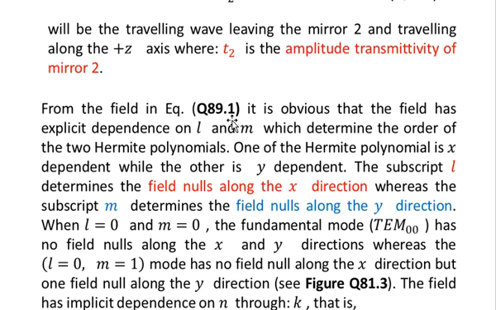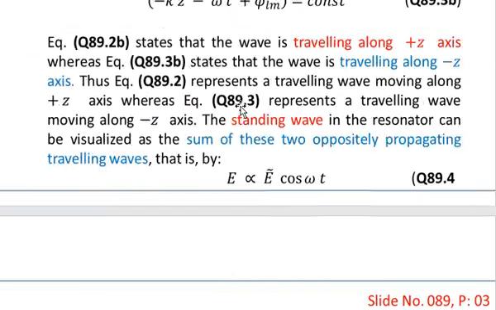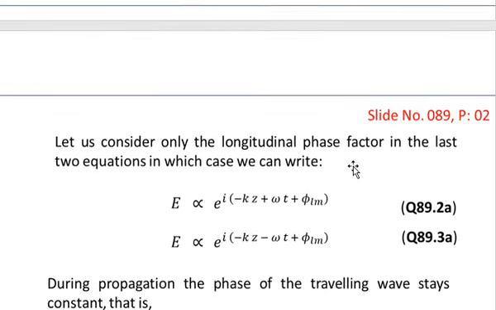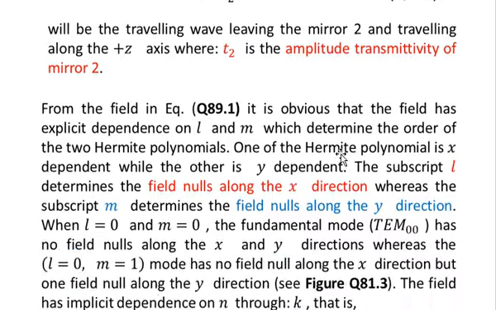From the field in equation number 89.1, this field we have written, it is obvious that the field has explicit dependence on L and M, which determine the order of two Hermite polynomials.